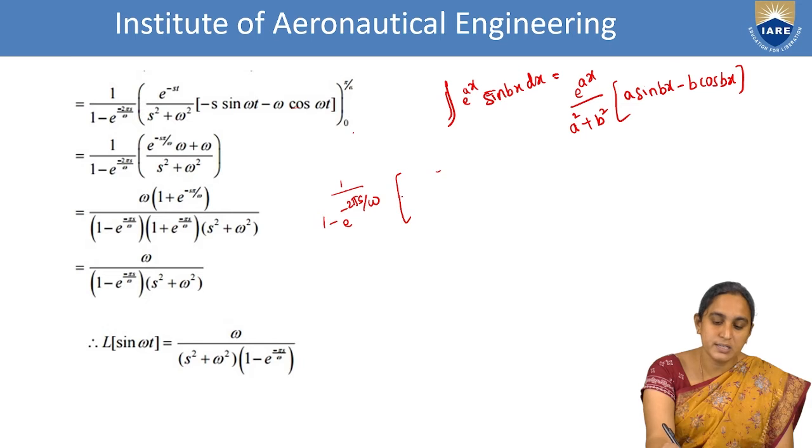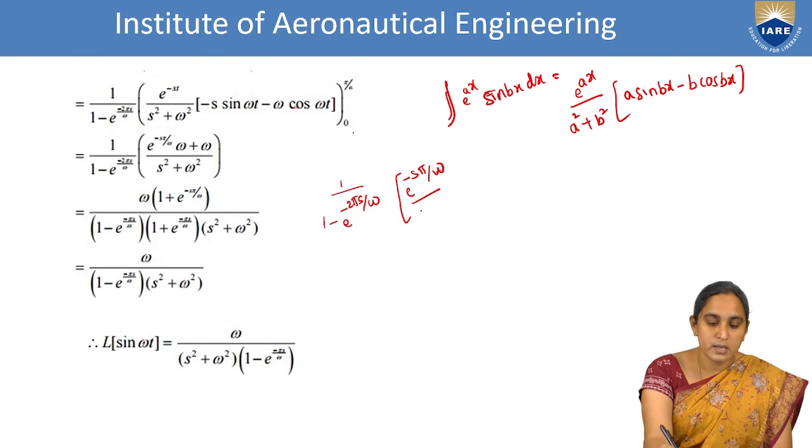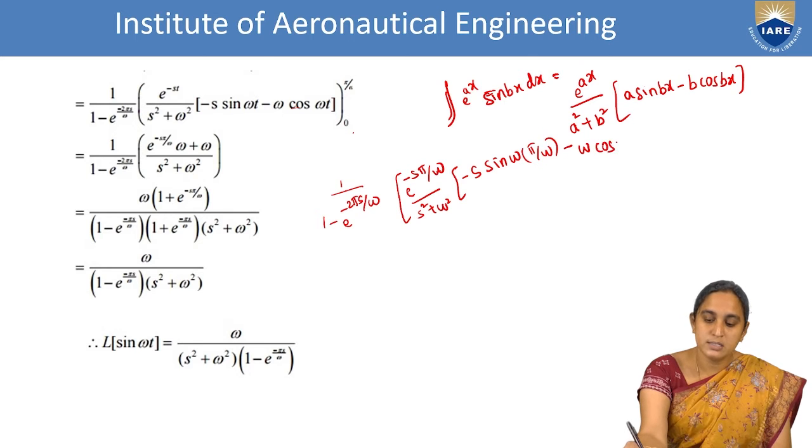In place of t, that is e power minus s into pi by w by s square plus w square, minus s into sine w of pi by w, minus w of cos w of pi by w.